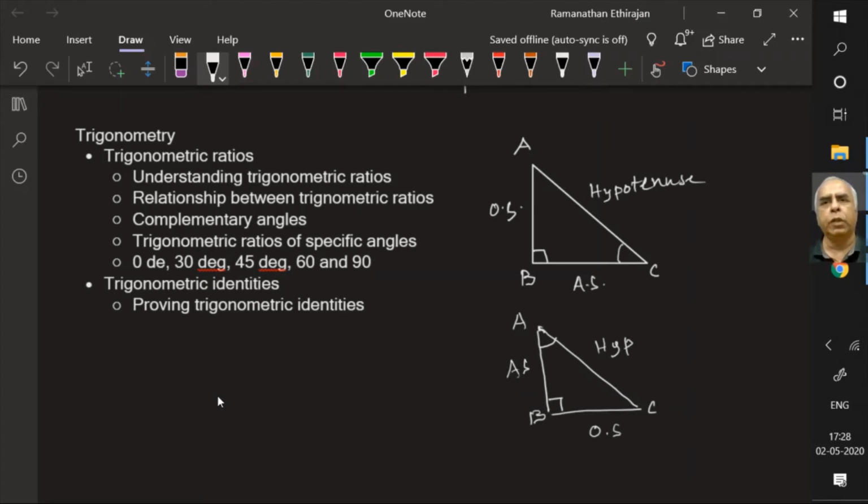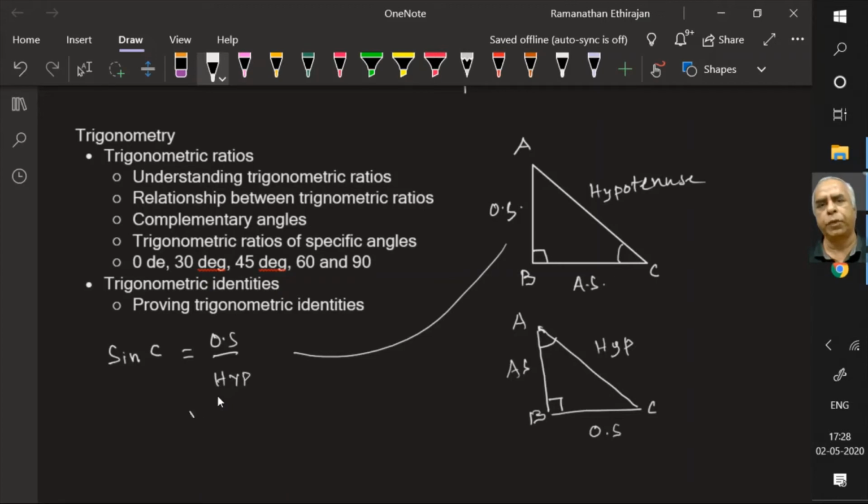So let me start from here for this triangle. Sine A. You should call it sine, don't call it sin. Sine A means sine of angle A. Sine A is equal to, now as far as here the angle C is considered, so let us consider C. Sine C, this is opposite side by hypotenuse.